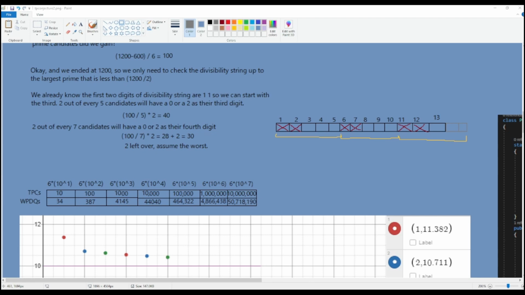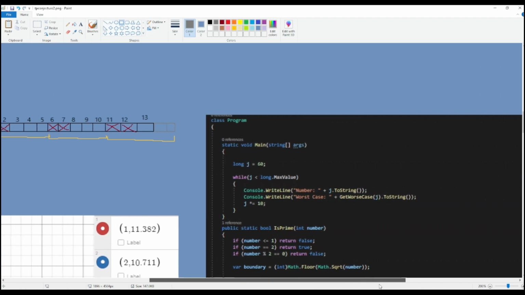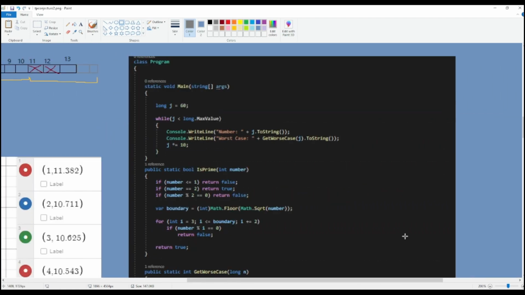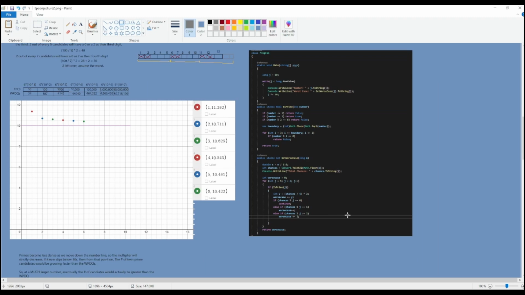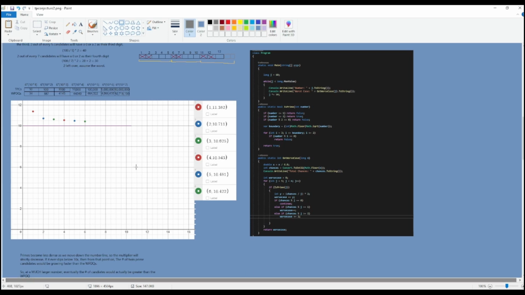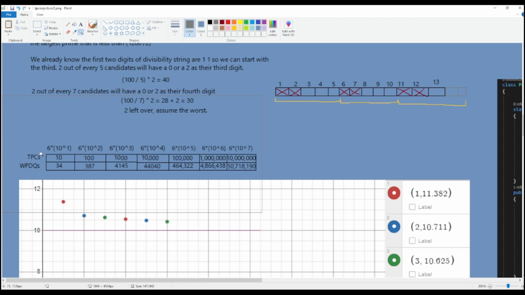So what I did basically was create a program to go through a bunch of numbers and calculate the number of candidates we're getting and calculate the worst possible disqualifications. And what I got was this chart here. So TPCs are twin prime candidates and the WBDQs are the worst possible disqualifications.